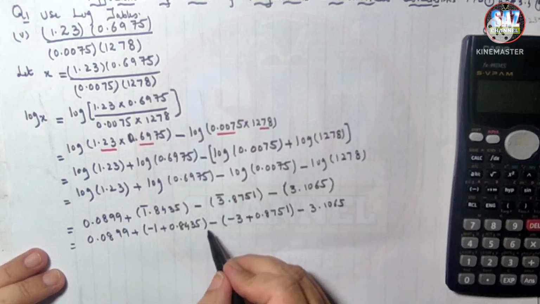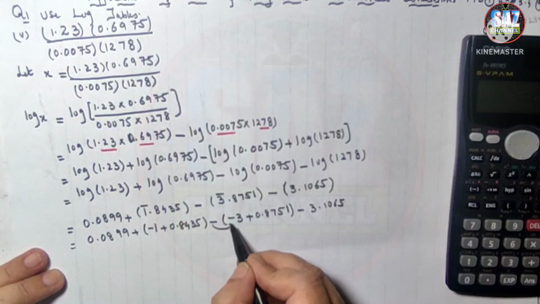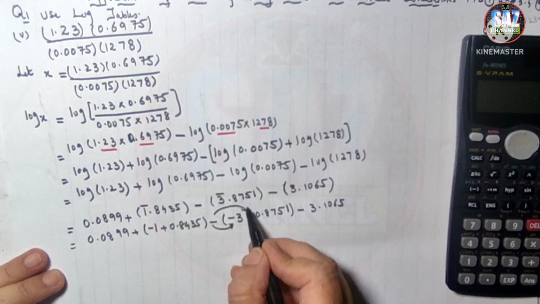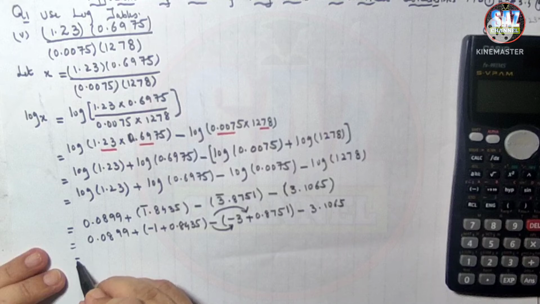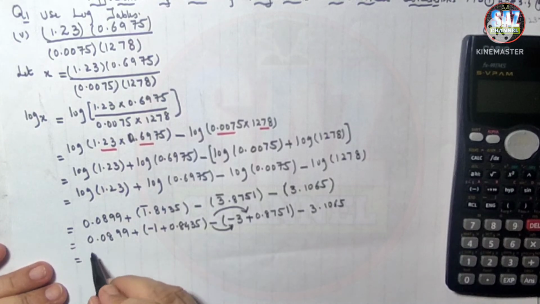Now see, there has to be change in the sign in this part. So let me first go for the change in the sign. We have to do each step carefully.